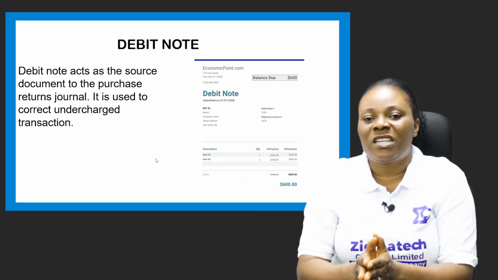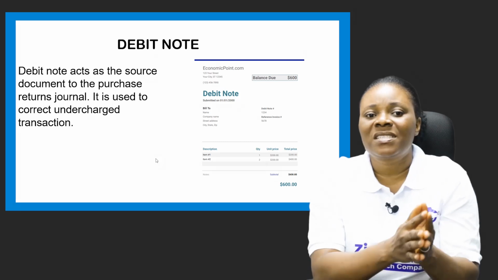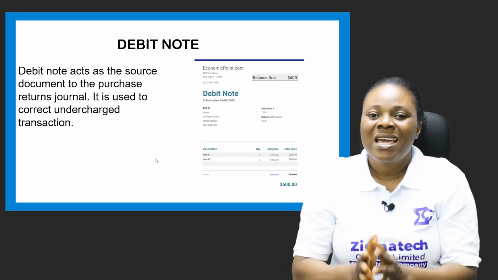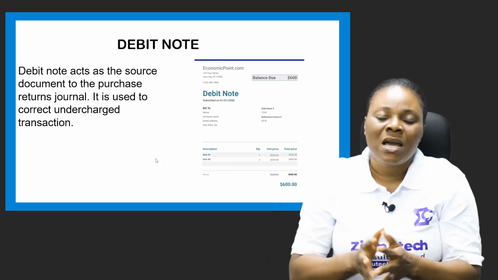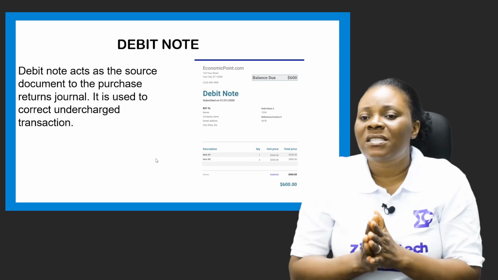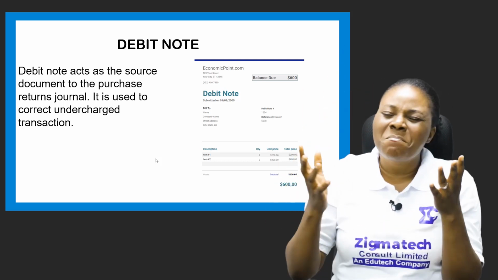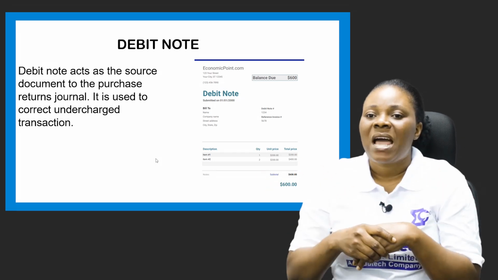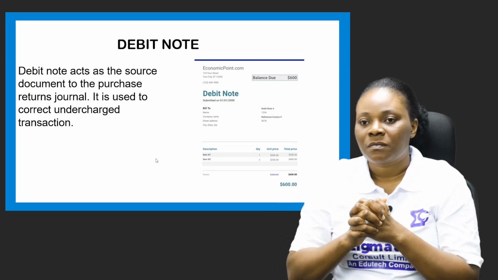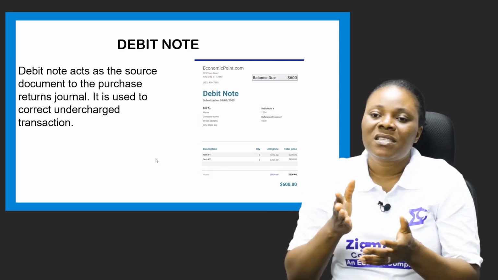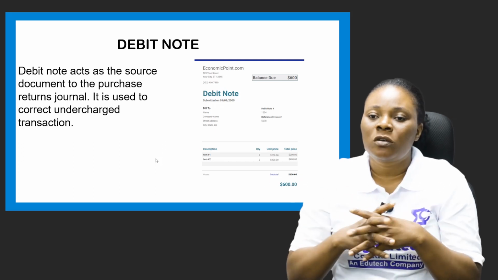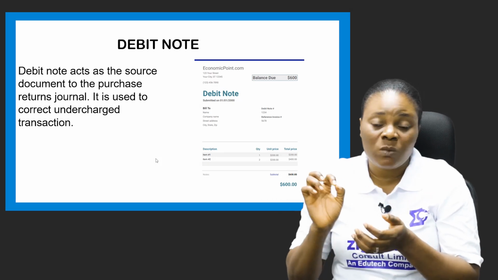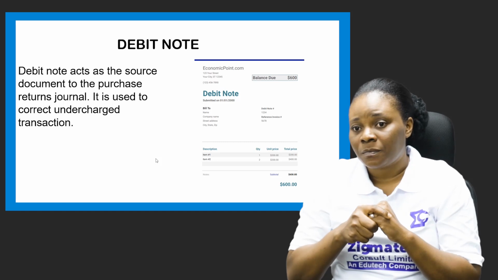Now, you have been undercharged on your invoice. The seller has taken note of it. To correct such a transaction, a debit note will be prepared by the seller. If, for example, the total price on your invoice is meant to be 2,550 naira, but mistakenly the seller gave you 2,250 naira, which means you have been undercharged by how much now? 300 naira.